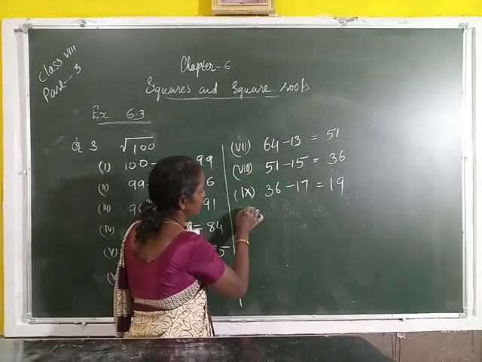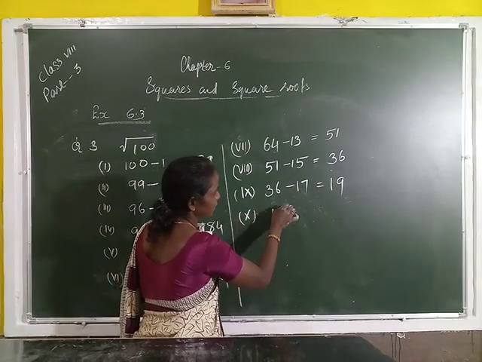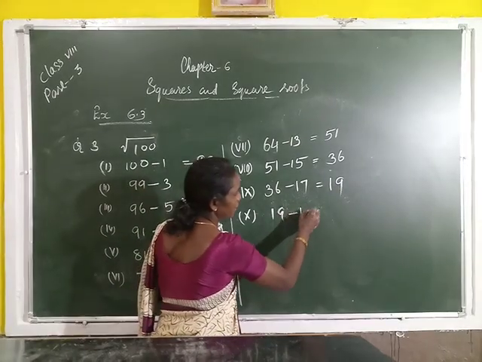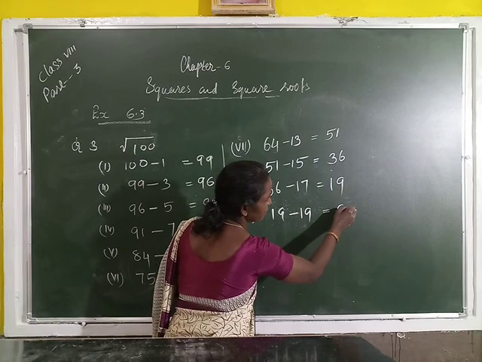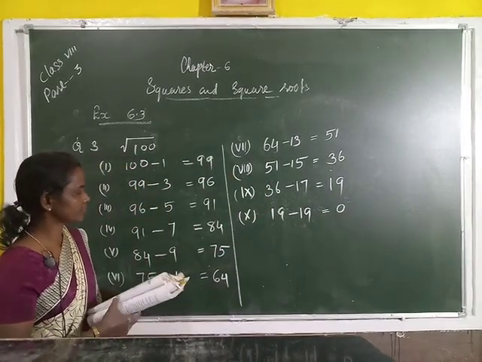The next, the tenth step: 19 minus the next odd number, 19. That is equal to 0. Then now you look here.